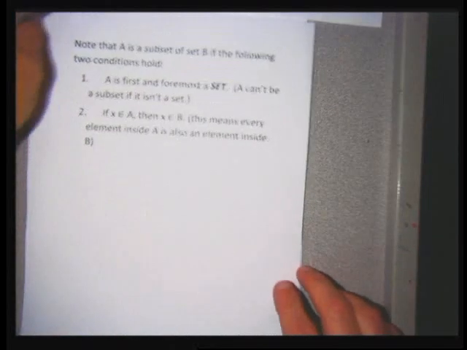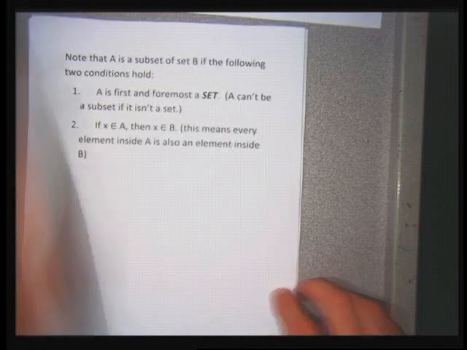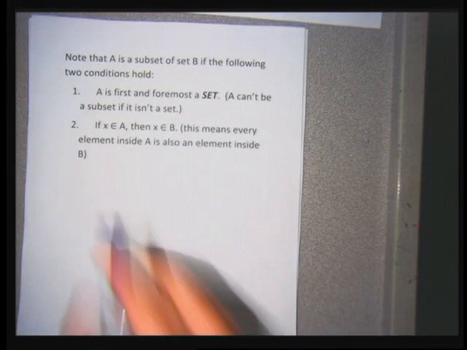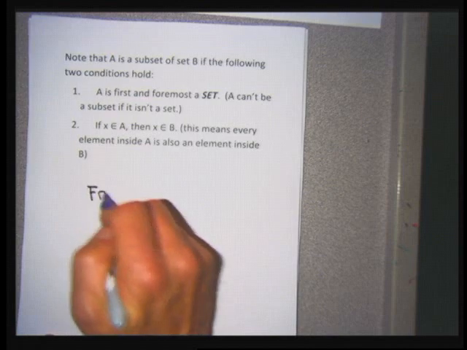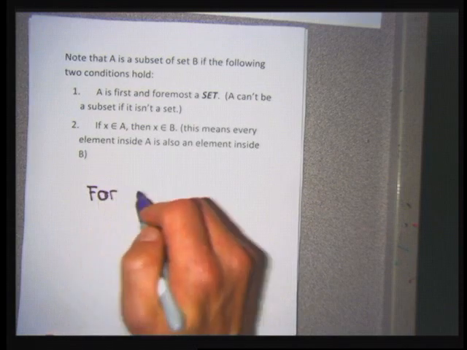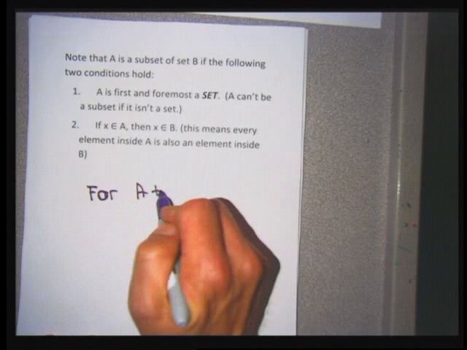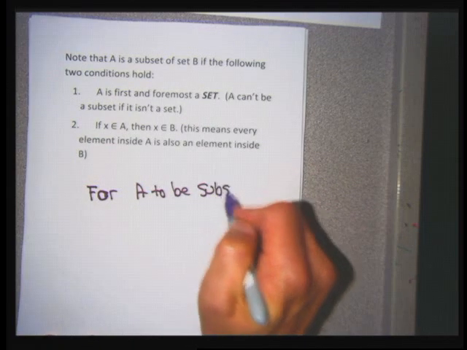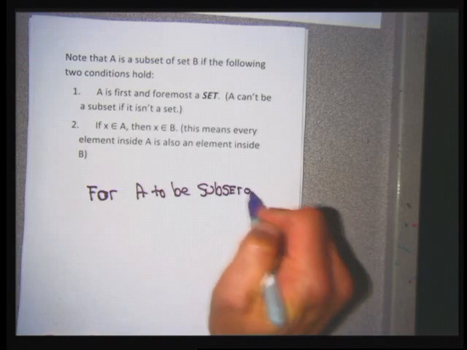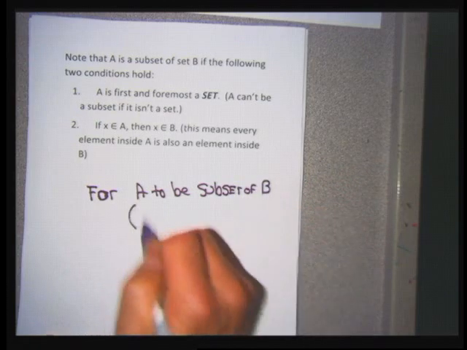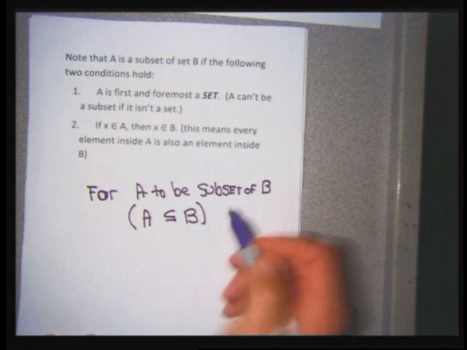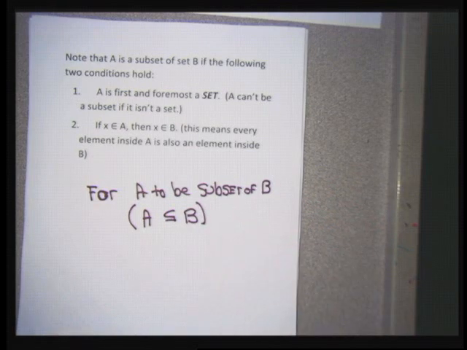On this page, I get a little more specific. For A to be a subset of B, so for this statement to be true, symbolically A ⊆ B, we need two things to be true.